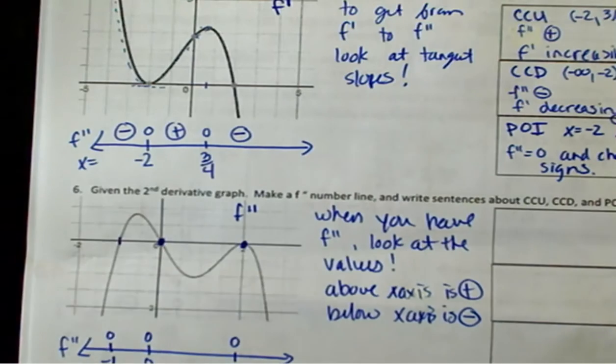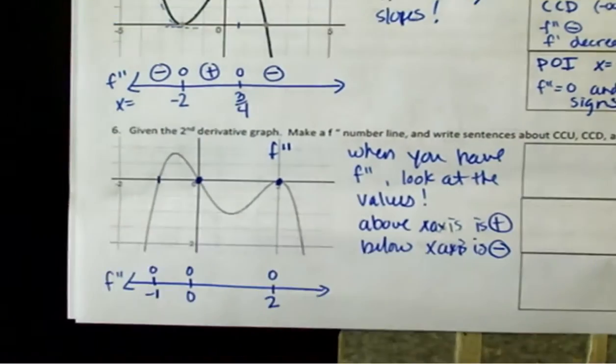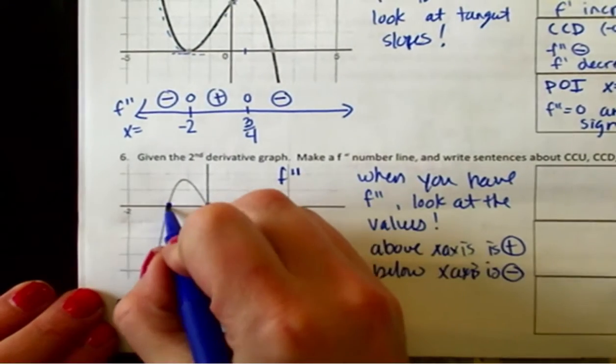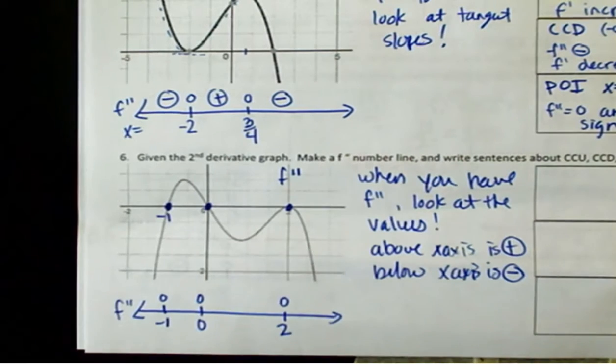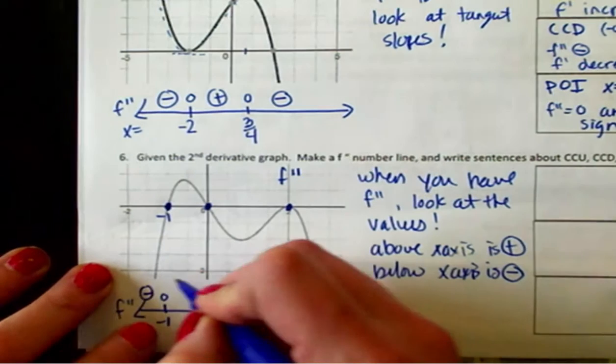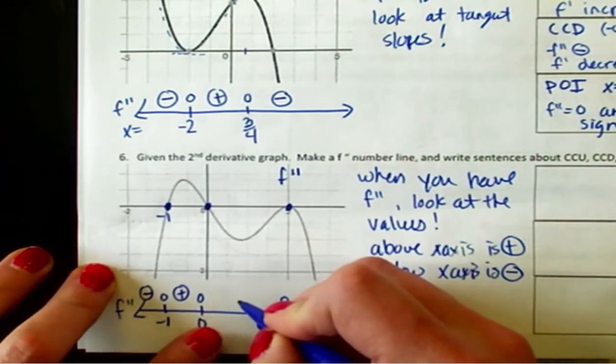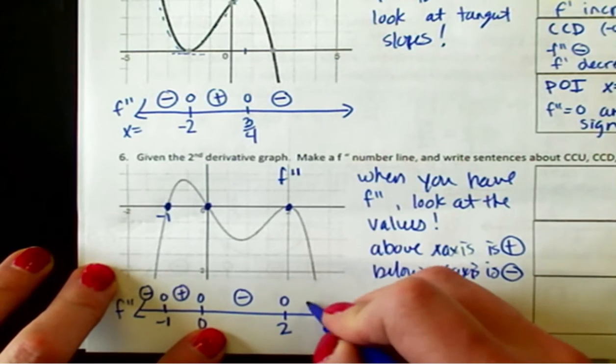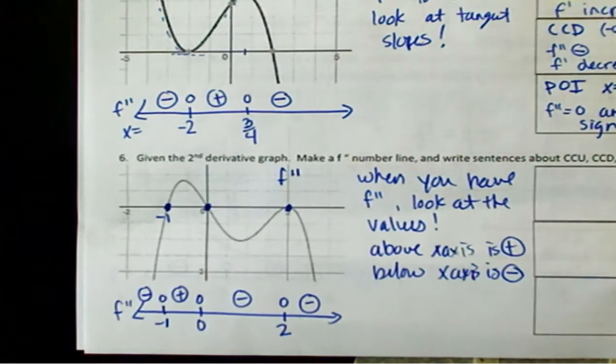Almost missed it. Almost missed that other one over there, right here. Negative, positive, negative, negative. Doesn't always have to change signs.